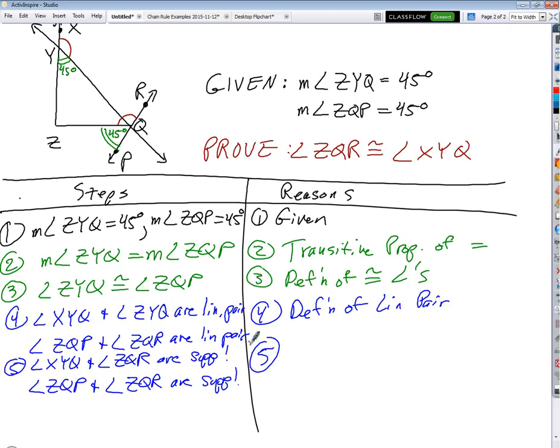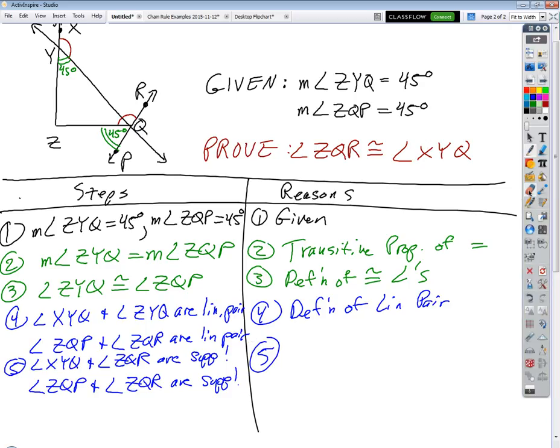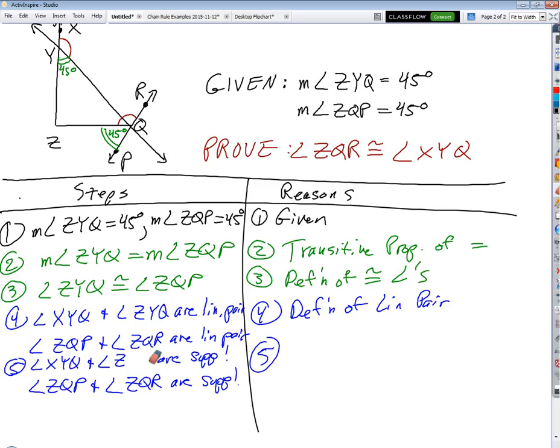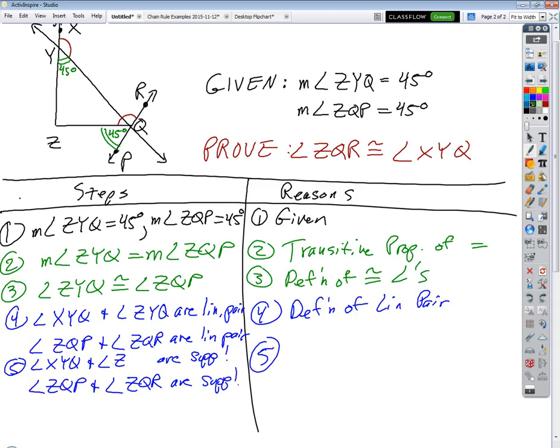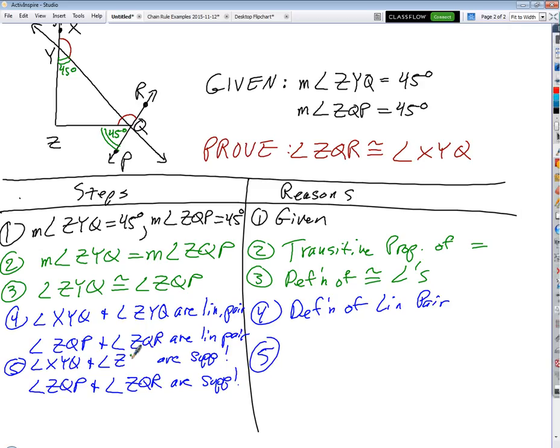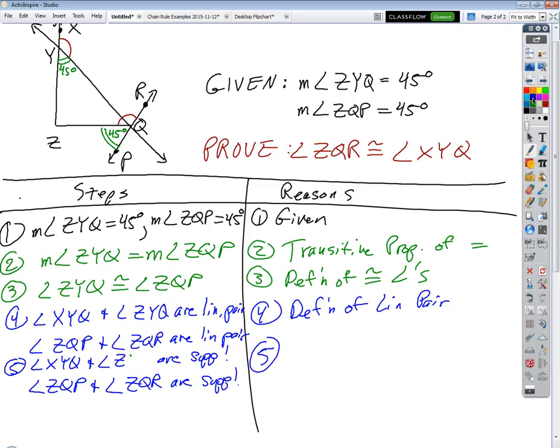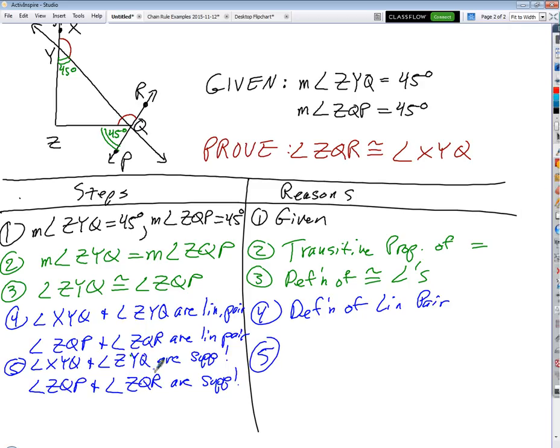Isn't ZYQ on the top one? Did I get it wrong? Oh, I put ZQR, ZYQ, you're right. XYQ and ZYQ. Okay, and what was my reason for that? Linear pair postulate.